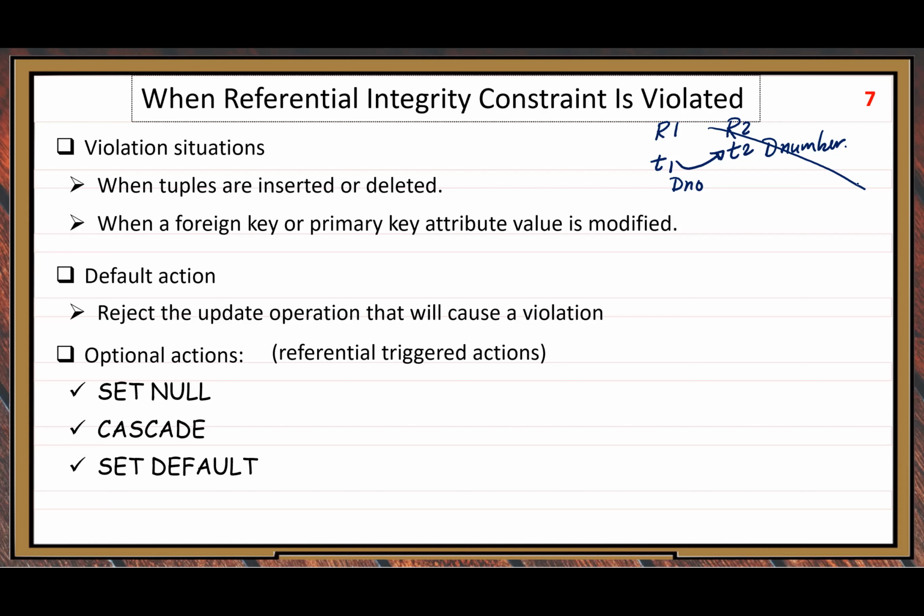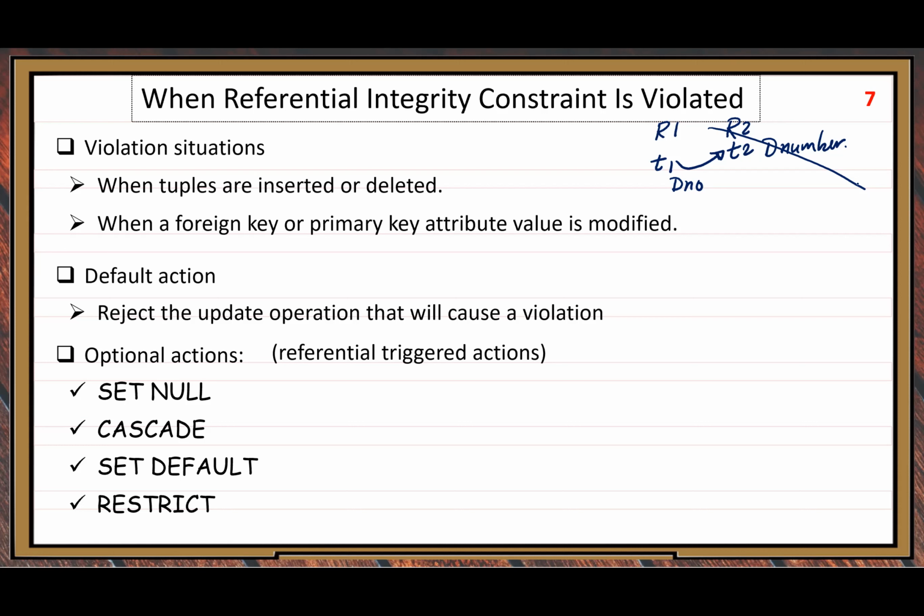Set default option, set default value. If you know some appropriate default value that could be set when there is a violation, that's the third option. The fourth option, restrict.